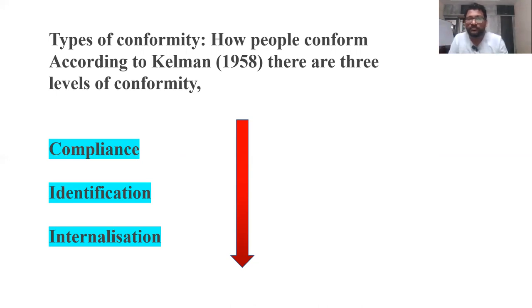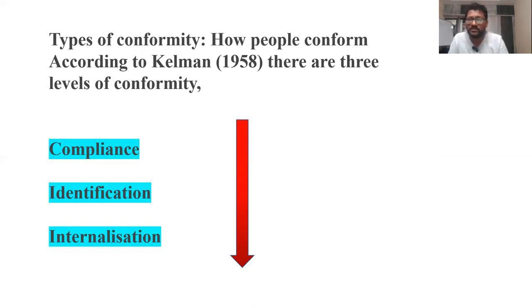The individual conforms both publicly and privately. Before, in compliance, there was a private opinion, but here, both privately and publicly, the individual conforms to certain groups.